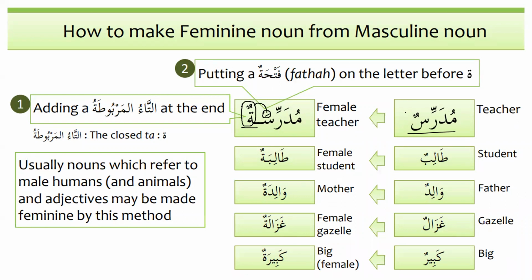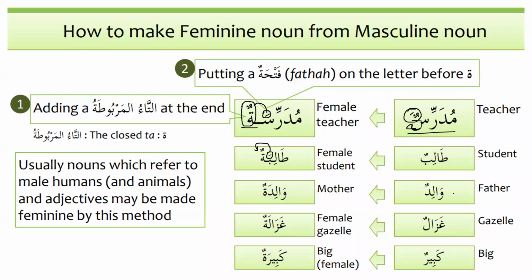So the tanween disappears. For example, it was mudarrisun. The tanween disappears, and we replace it with fatha, and then we add ta marbuta to that, and it becomes mudarrisatun. Similarly, talibun becomes talibatun. We can see again over here that we have to put fatha before it, and after that we add ta marbuta. Talibun, student, and female student will be talibatun.